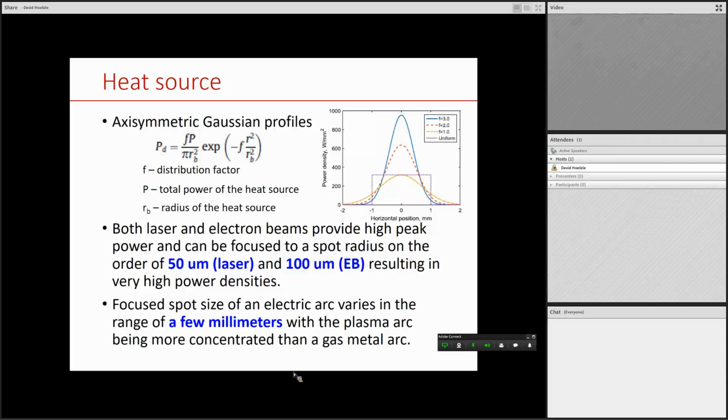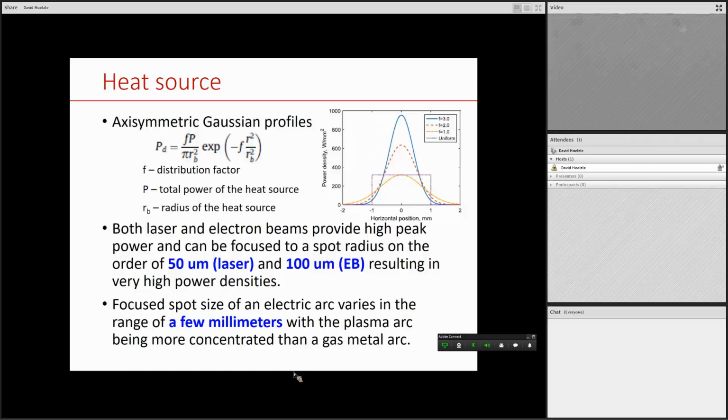And for the previous question why the particles or EB is larger than laser, I assume there might be some connection between that and this energy distribution thing, because laser can be focused to a spot radius of 50 micron, and for electron beam it can just be focused to 100 micron.